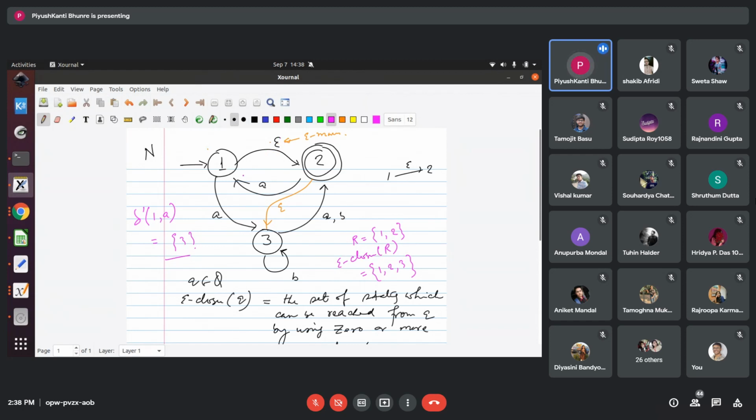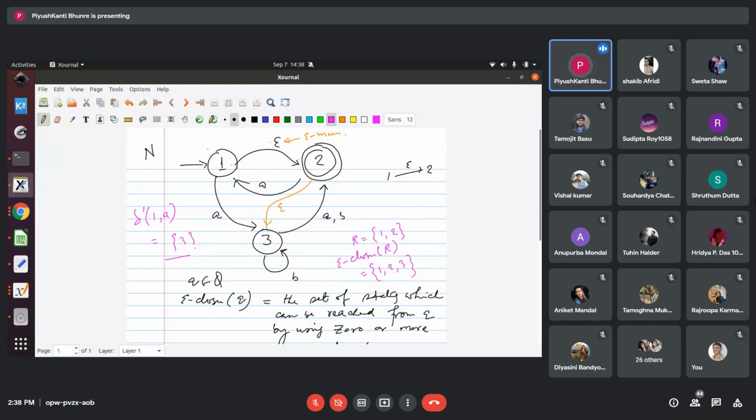The automata can move from one state to another state, for example, from state 1 to state 2, with an input epsilon. Epsilon means empty string. So what is the epsilon closure? Epsilon closure is the set of all states which can be reached from that particular state.